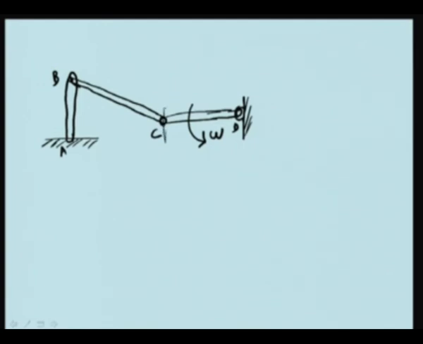VB is in this direction. So, if you want to draw perpendicular to VB on the line BC, that is like this, vertical, and this is horizontal.